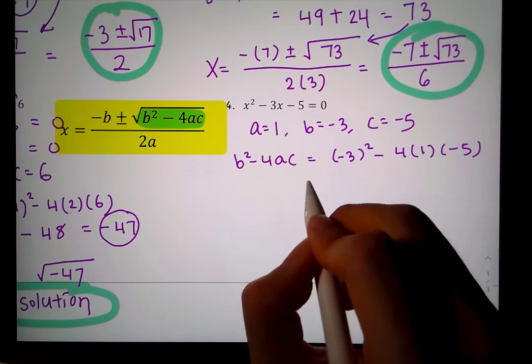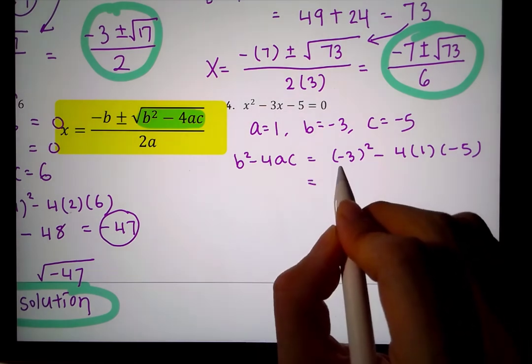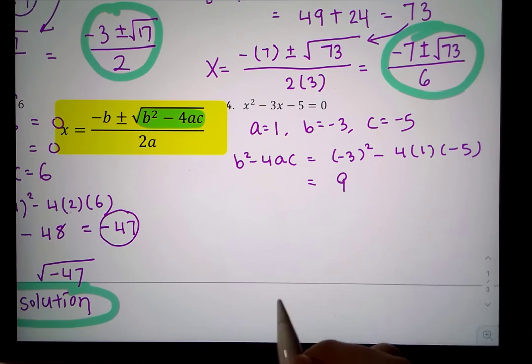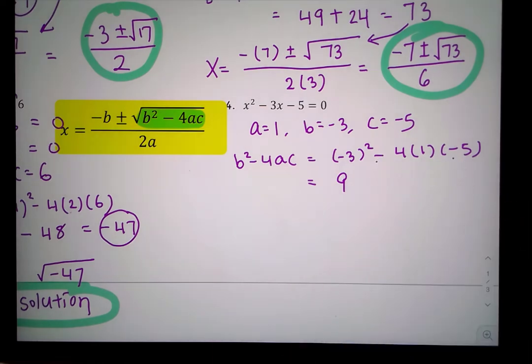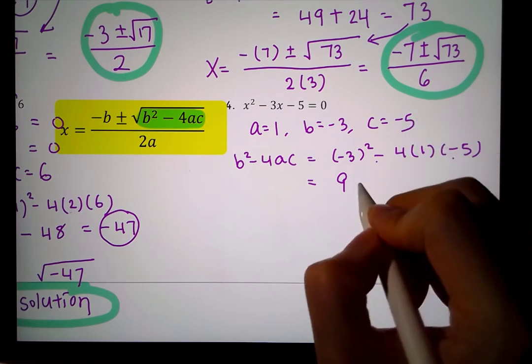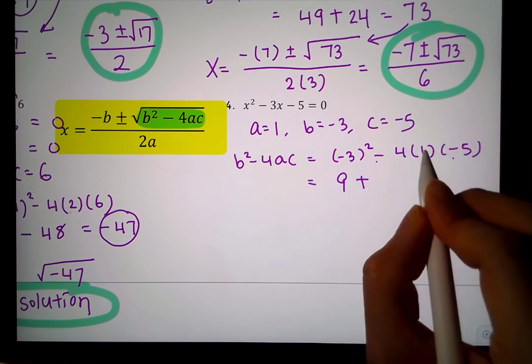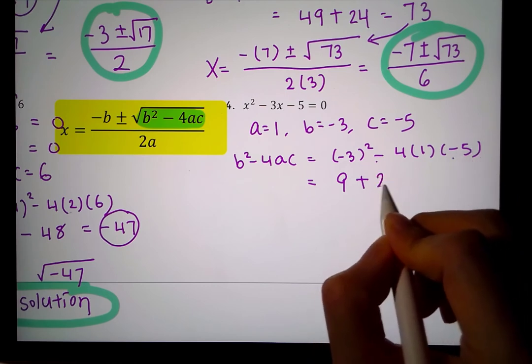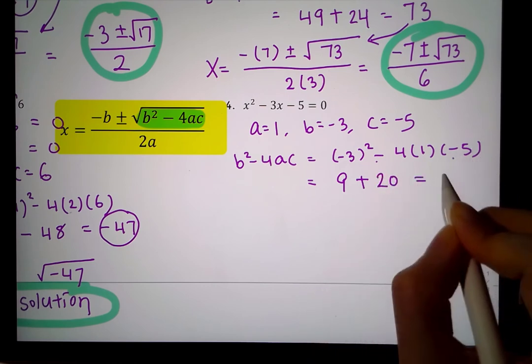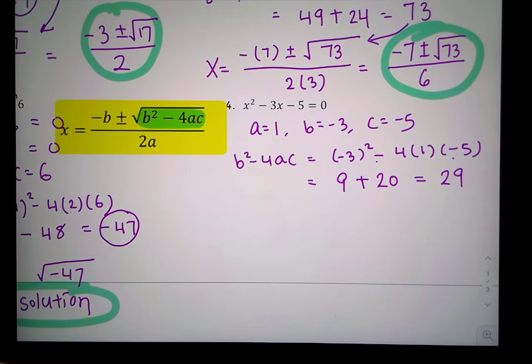And negative 3 squared, positive 9, right? Because negative 3 squared means you're multiplying negative 3 and negative 3. So that's 9. And do you see this negative, negative? So double negatives, positive. 4 times 1, 4. 4 times 5, 20. So it will be 29, right?